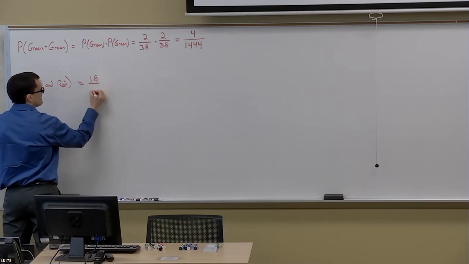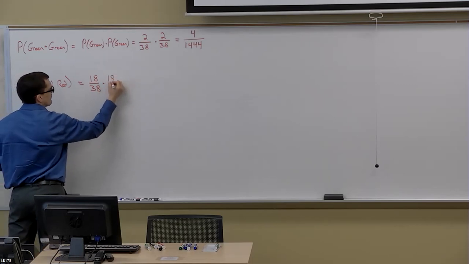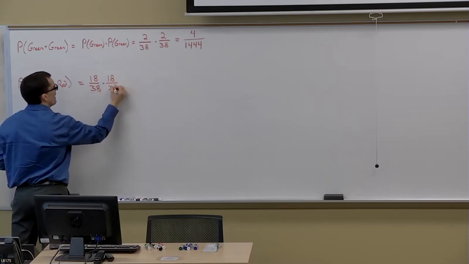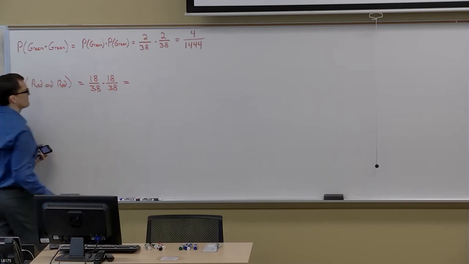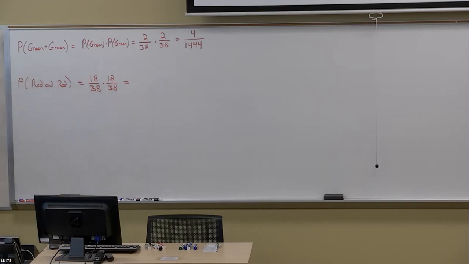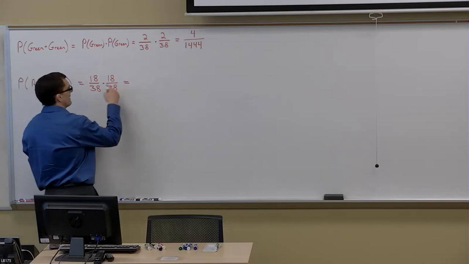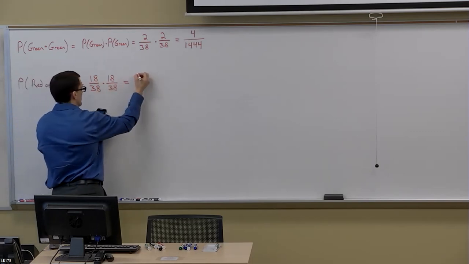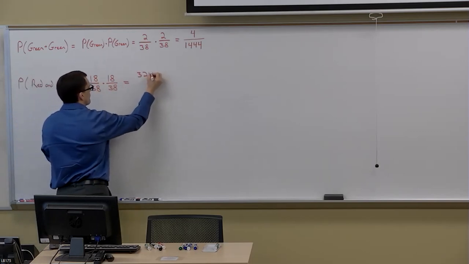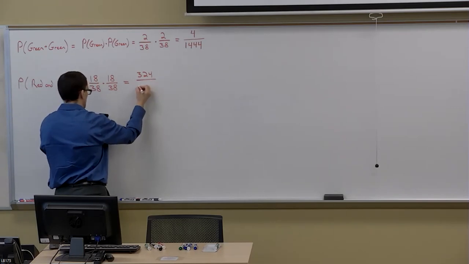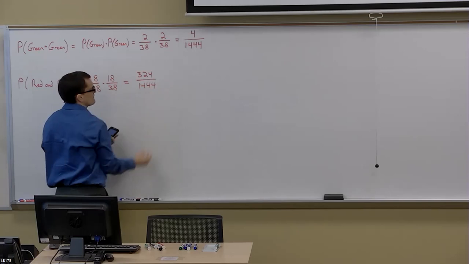Yeah, since there's 18 reds out of 38 options, it's 18 over 38. And since those are independent, I can multiply them. Again, multiplying the numerators, I get 324. Multiplying the denominators, I get 1,444.